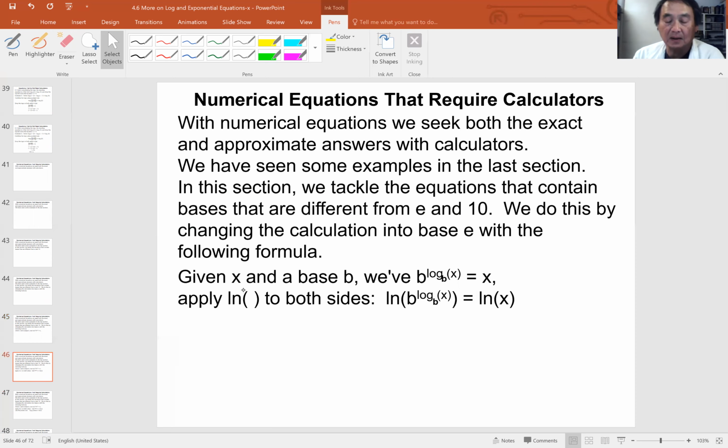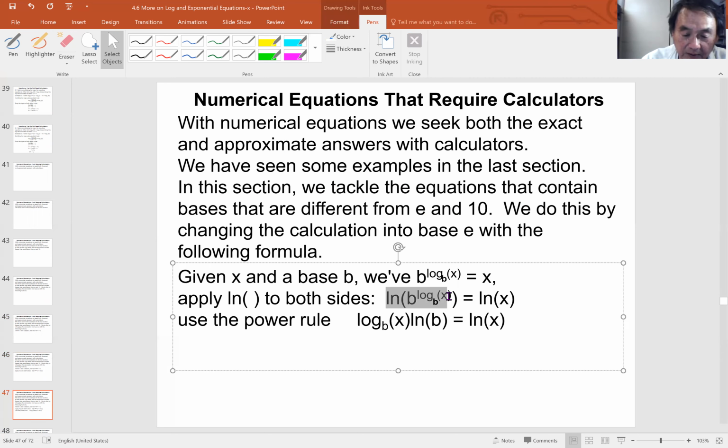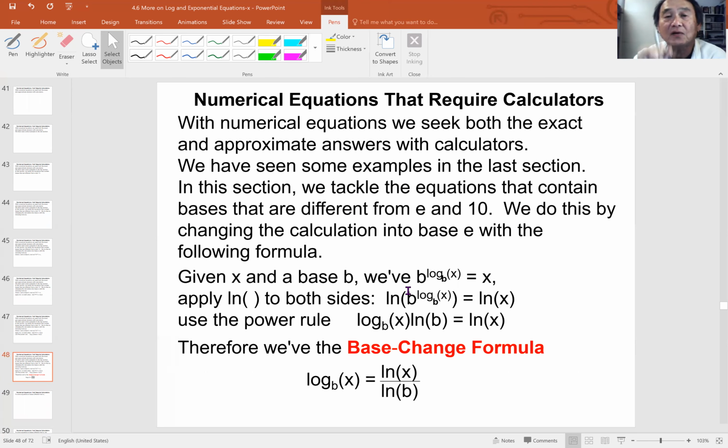Then I apply natural logs, for instance, to both sides, and the exponents come to the front, multiplying into log of b. And what does this say? This tells us what log base b of a number x is in terms of natural log: natural log of x divided by natural log of b. We call this the change of base formula.